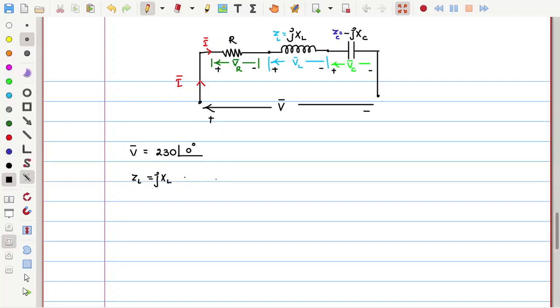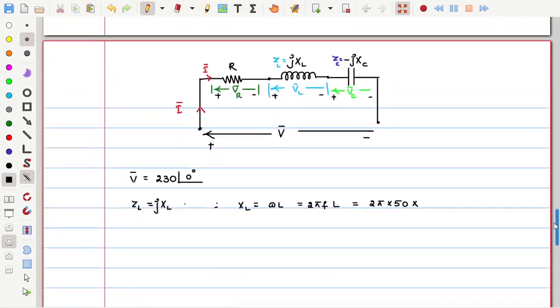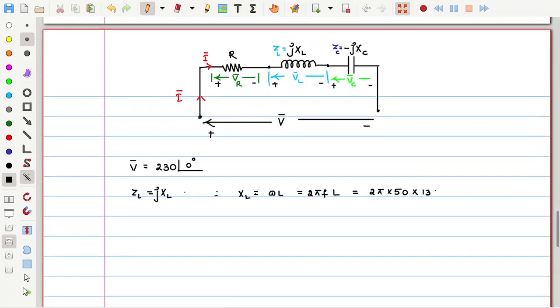Instead of directly substituting, let me calculate XL first, then later I will substitute it there. XL is the inductive reactance, which is equal to omega L, where omega can be written as 2 pi f into L. So 2 pi f, with f as 50 hertz, and L is how much? 13 millihenry. Milli means 10 power minus 3.